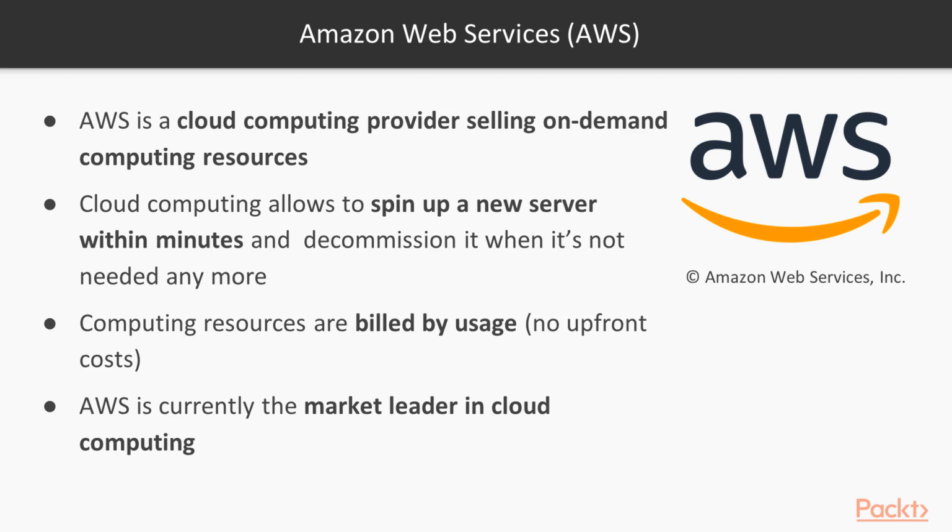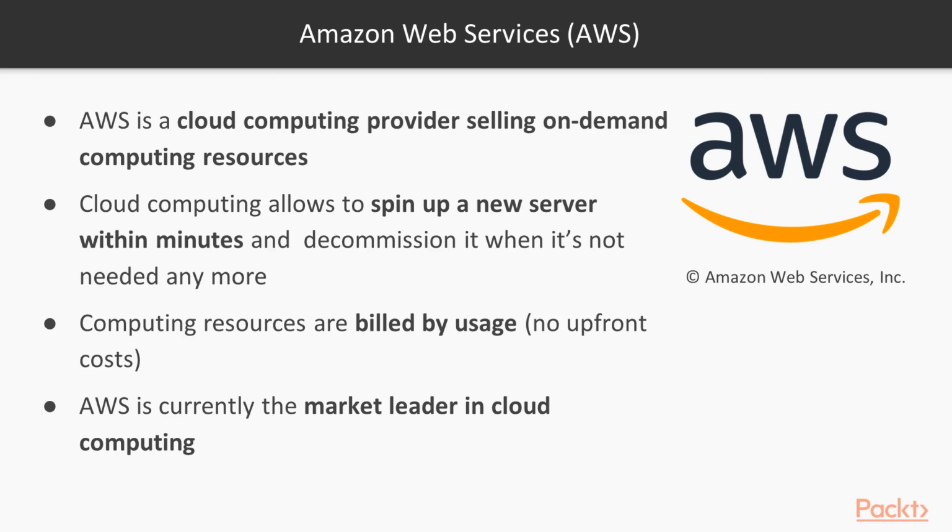This makes cloud computing very appealing because computing resources are billed by usage and no upfront investment cost is required to purchase a server. You can think of cloud computing as renting computing resources rather than buying them. AWS is not the only cloud computing provider. Other popular ones are Microsoft Azure, Google Cloud Platform, IBM Cloud, etc.